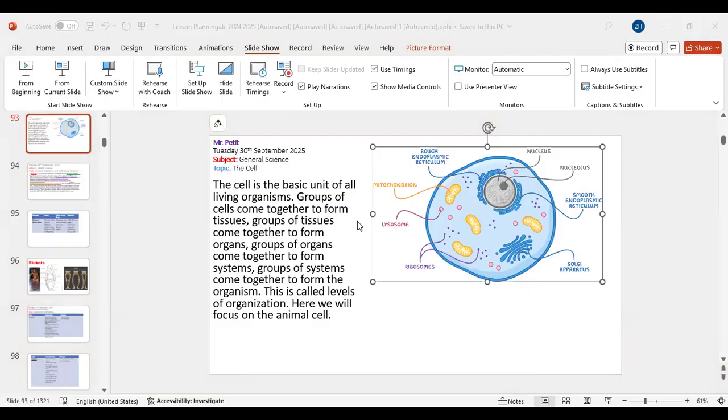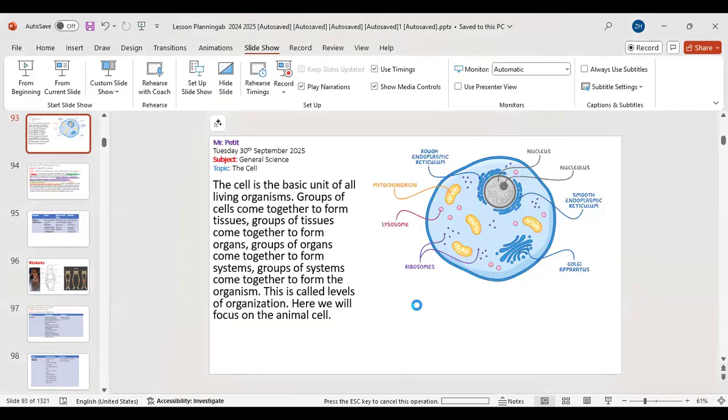Let me show you the picture of everything so you can see it. All right, this is a good picture. Basically, inside this is the nucleus.